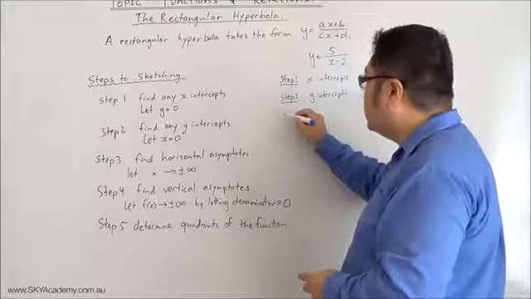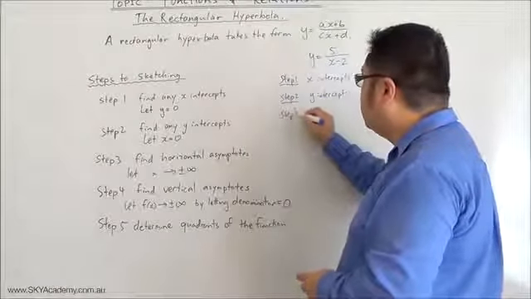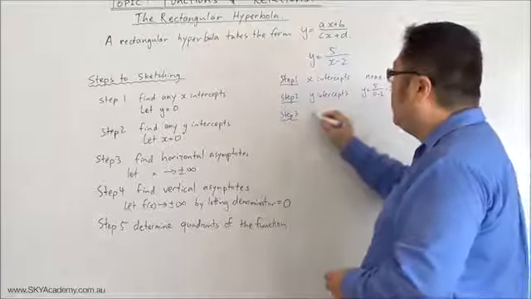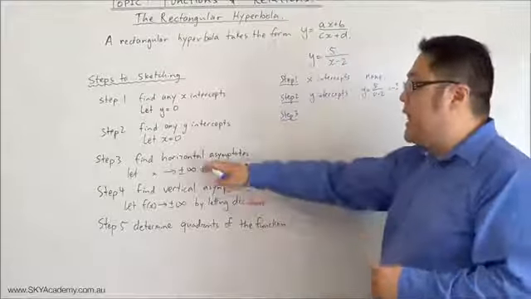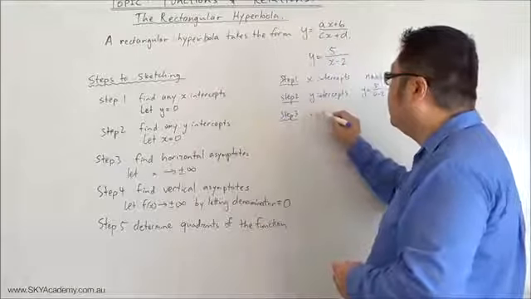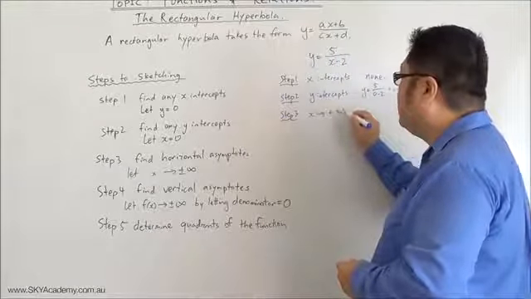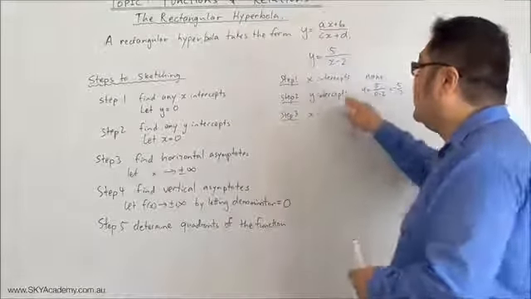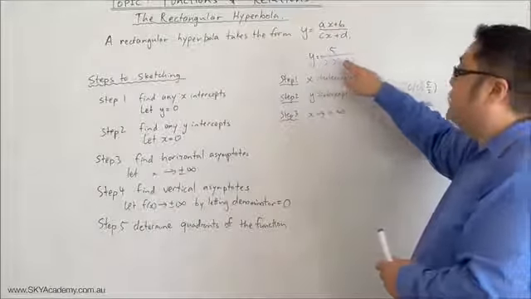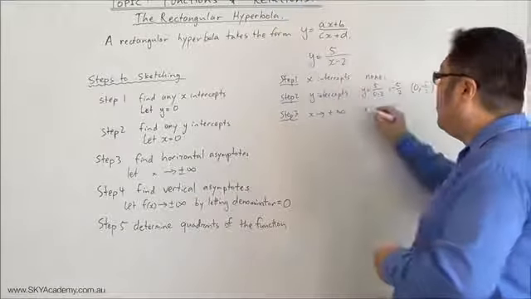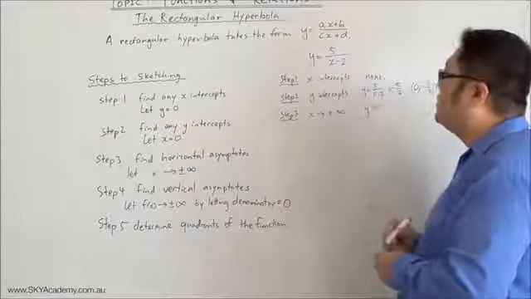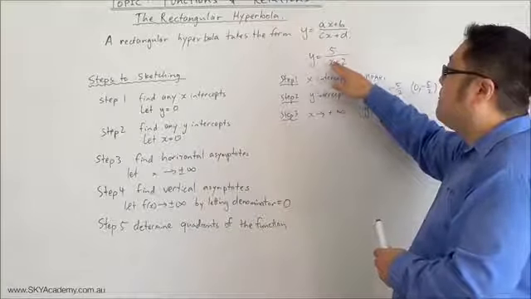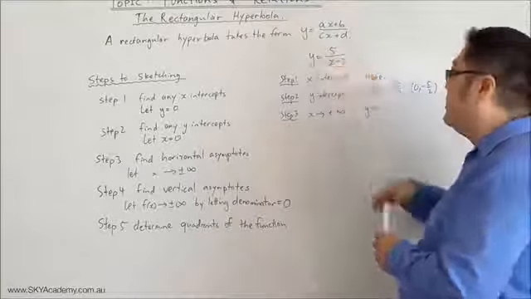Your horizontal asymptote, step 3, you examine by letting x approach positive infinity, a really, really big positive value. As this gets really big, y will tend towards what's 5 over a really, really big number?